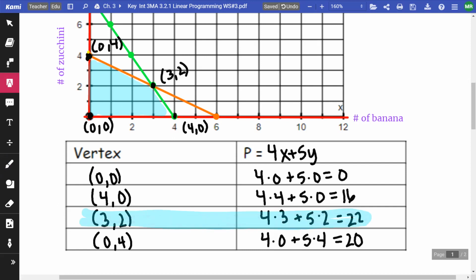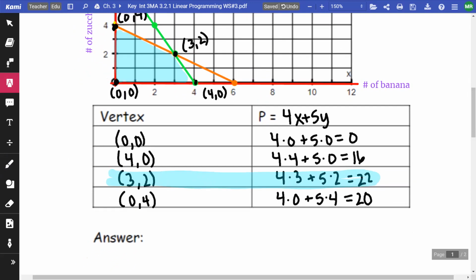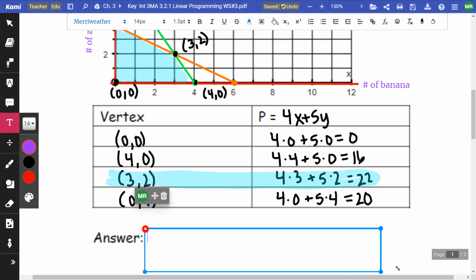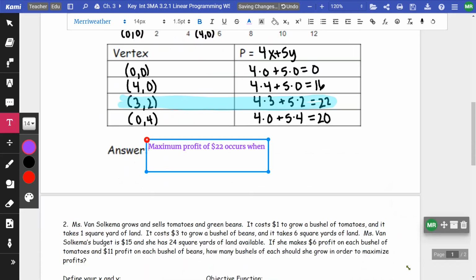My max will be $22 when we make 3 loaves of banana bread and 2 loaves of zucchini bread. So I'm going to write that answer. So maximum profit of $22 occurs when, let's see, and who was the character?